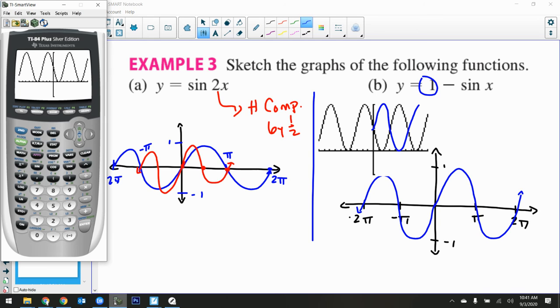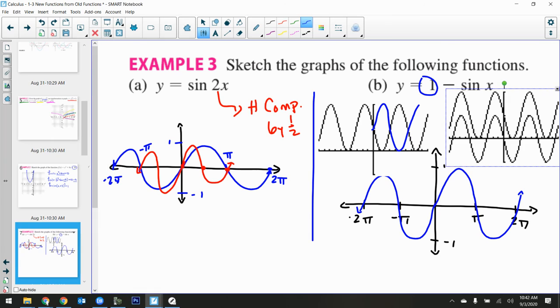If I just do this, I'm looking here, sorry. Negative sine x. Yeah, it did the reflection first. And then it shifted it up 1. This bottom one is negative sine x. This going up 1, the top one, that's the up 1. So it did the reflection first and then it shifted it up 1.